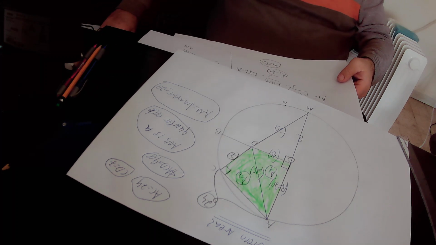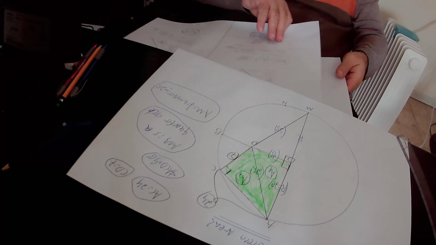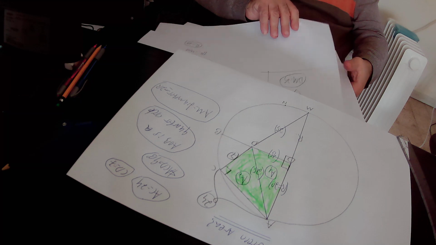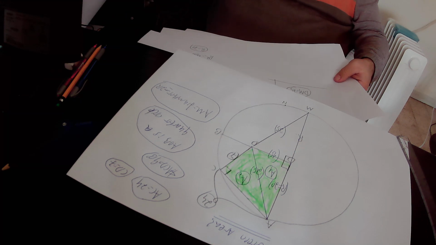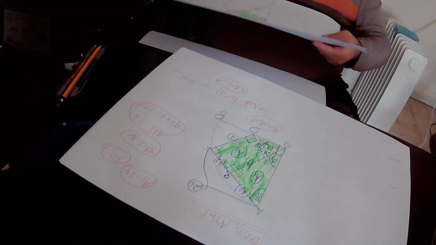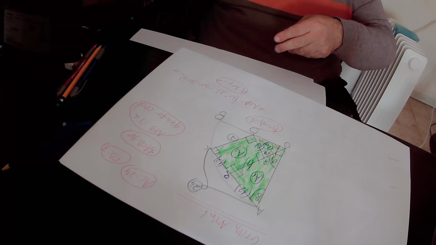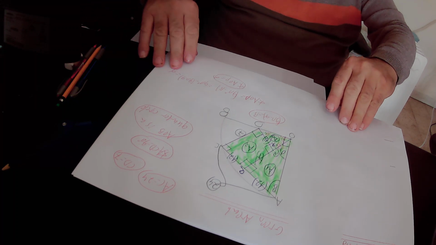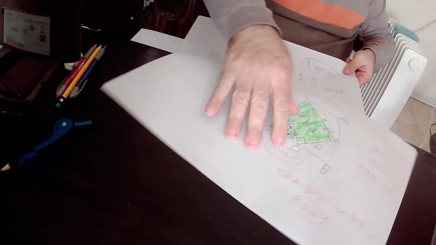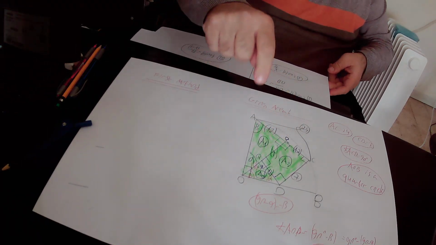In the next step, I will summarize the lecture, starting with the first method. In this lecture, we found the area of this green shape.